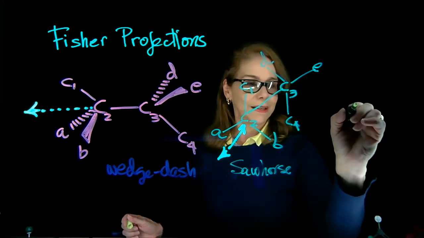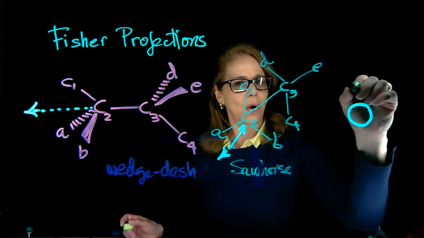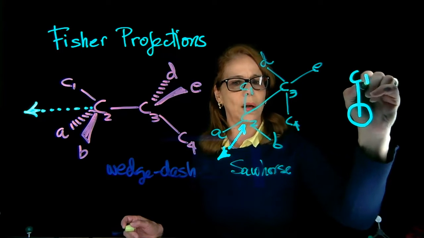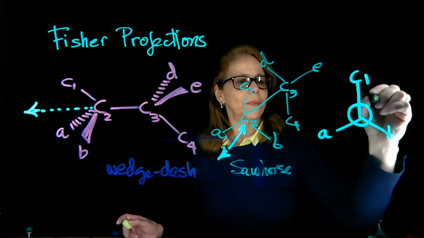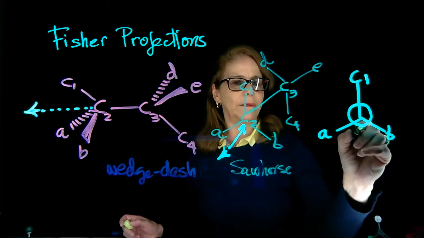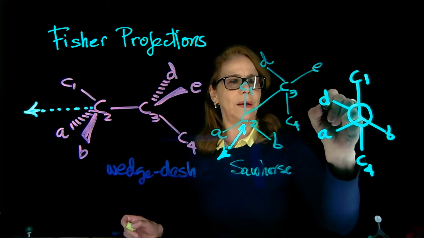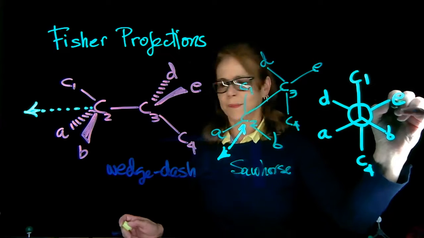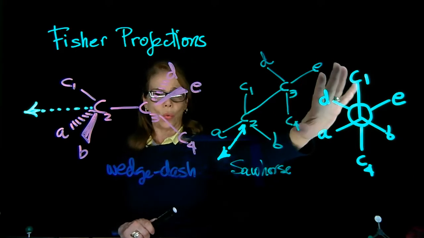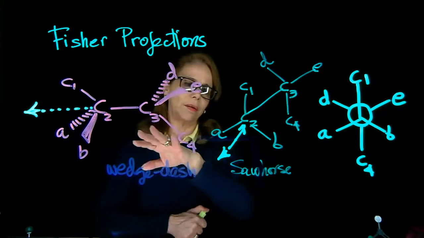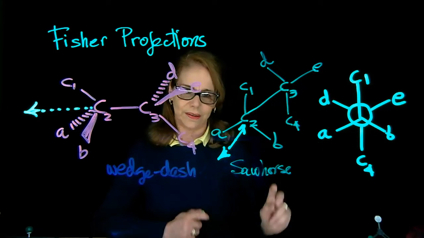So what I see in the front is carbon 2, and carbon 2 has carbon 1 here, and I have B and A, and then carbon 3 is in the back, connected to carbon 4, and now I have D and E. Notice my process was a wedge and dash, I did the sawhorse, I did the Newman.